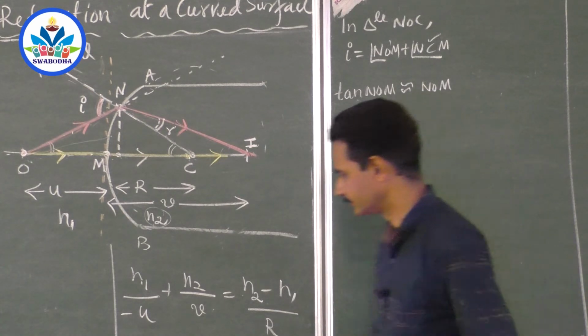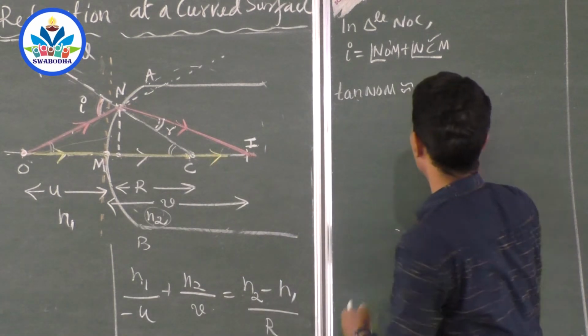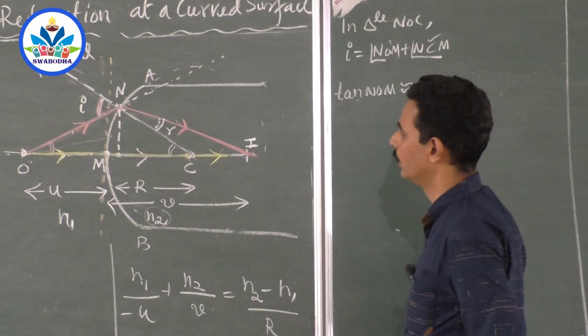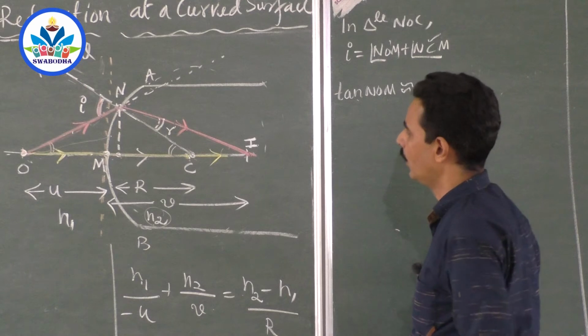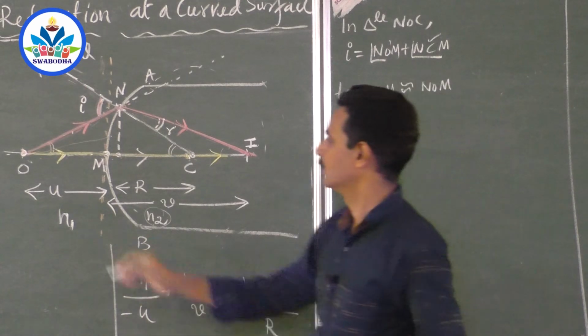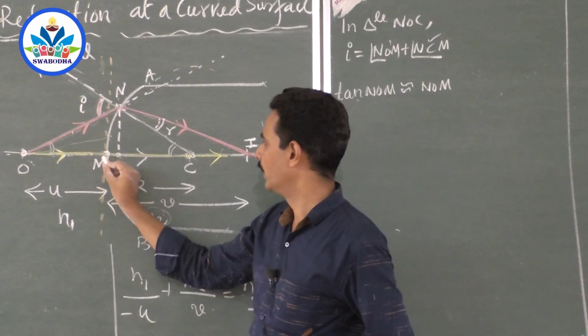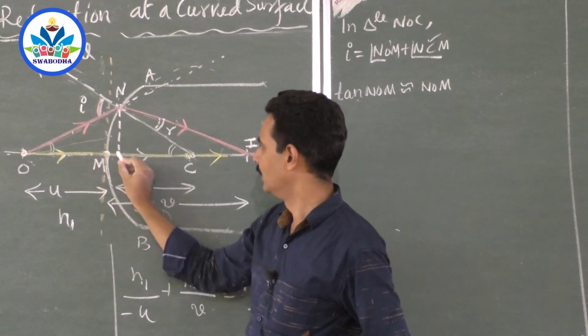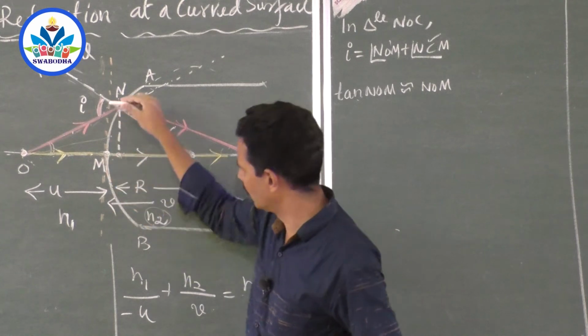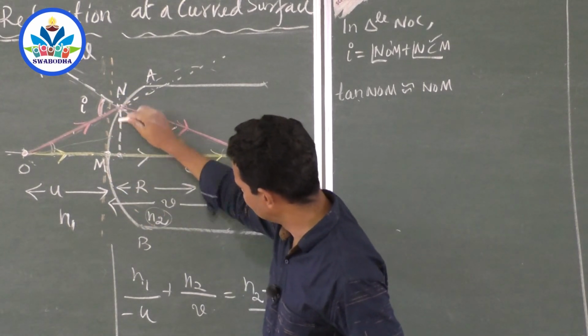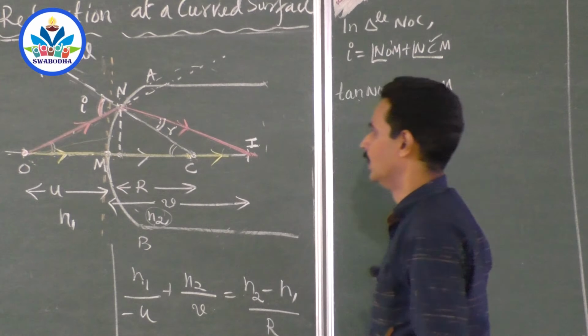Tan NOM is equal to opposite side by adjacent side, that is NM by OM. And you know, M and these two points are one and the same, because when this ray is very close, this line will fall over this edge.